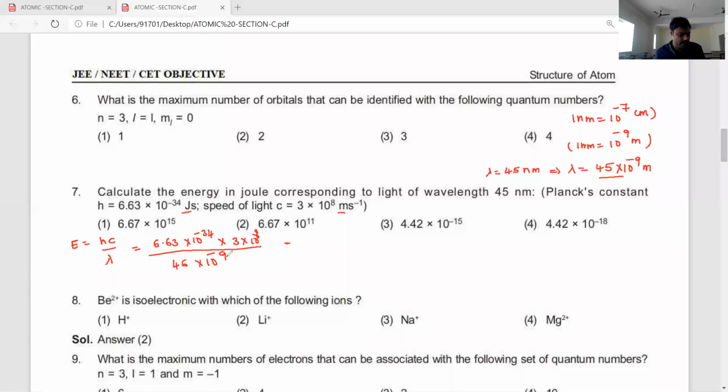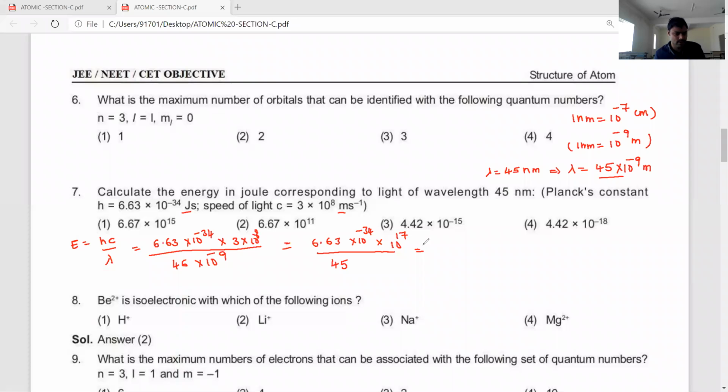Then this 10 to the power of minus 9 goes upside and becomes plus, so 6.63 into 10 to the power of minus 34 into 10 to the power of plus 17 by 45. This is on simplification.